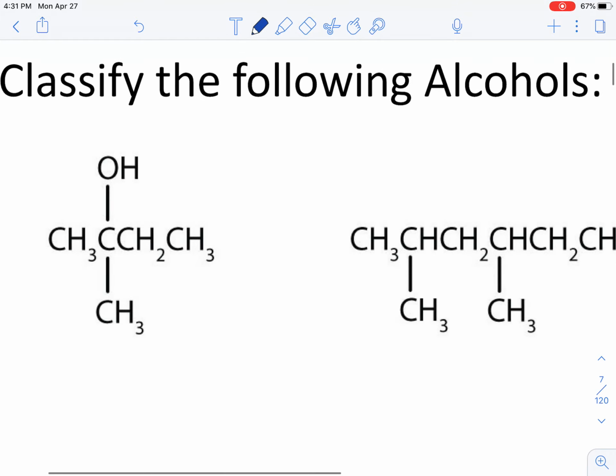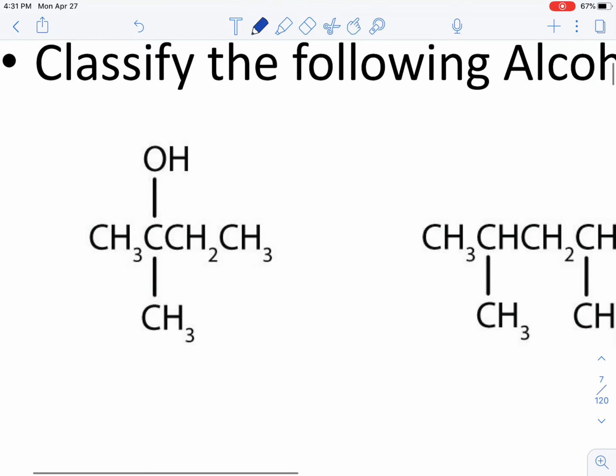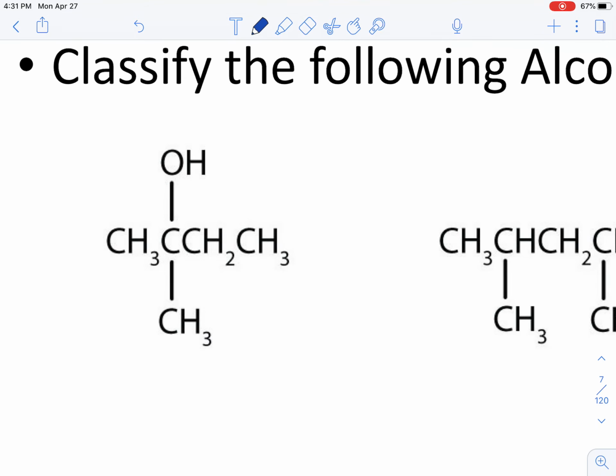So here I've depicted the condensed structure of what an alcohol might look like. If we're looking at this example, here we have the alcohol that's covalently bonded to this carbon. So this carbon is going to be our point of reference.